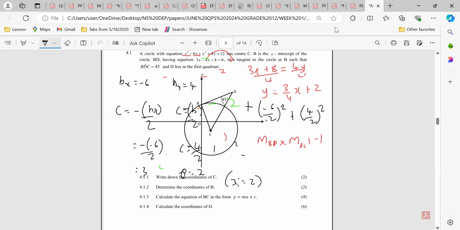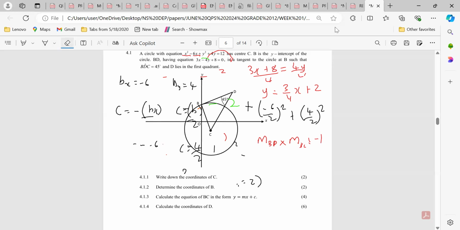I remember someone once said you can differentiate this. If you differentiate this and let it be 0, it's going to give you the center. Let's do this so that you can see it. I can differentiate in terms of x, and I can differentiate in terms of y.